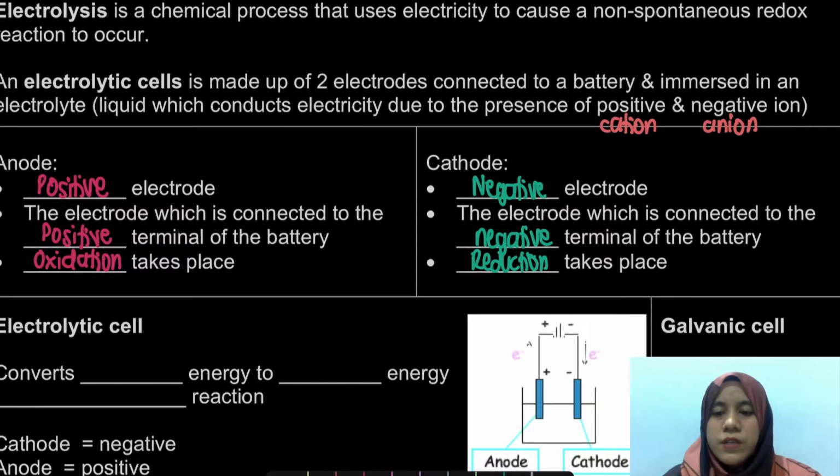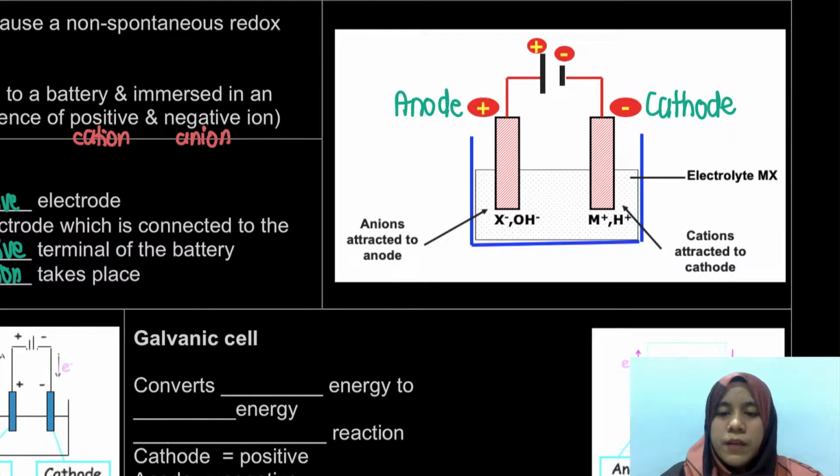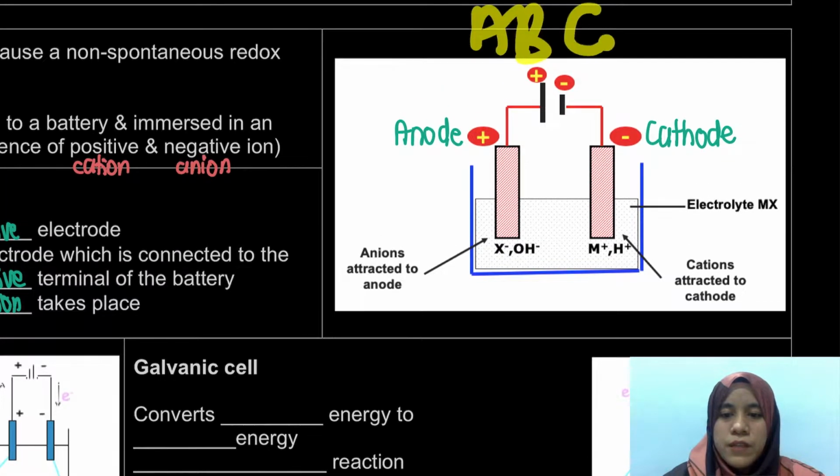Here is an example of an electrolytic cell. There are electrodes connected to a battery. The anode is connected to the positive terminal and the cathode is connected to the negative terminal. It still follows the ABC rule, but in this case: anode, battery, cathode.